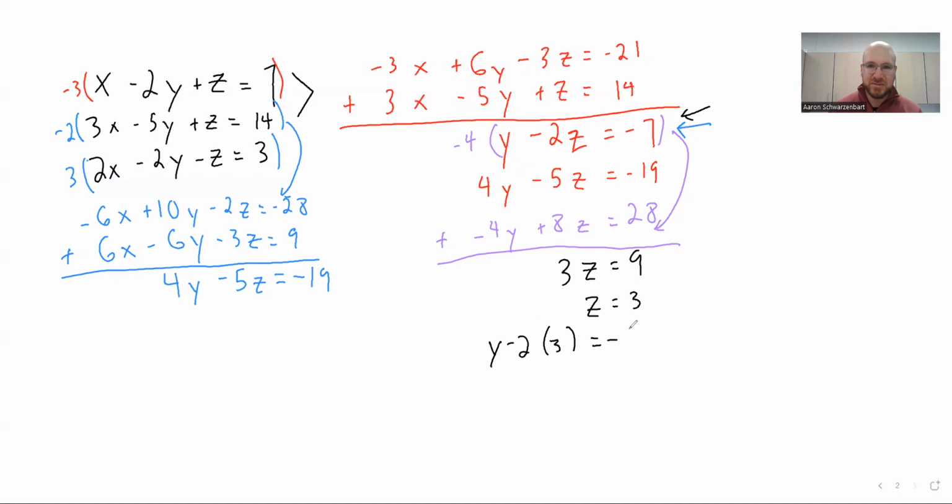So now I'm essentially working my way back with substitution. Y is equal to negative 1. Now I'll take one of my originals. How about the top one?